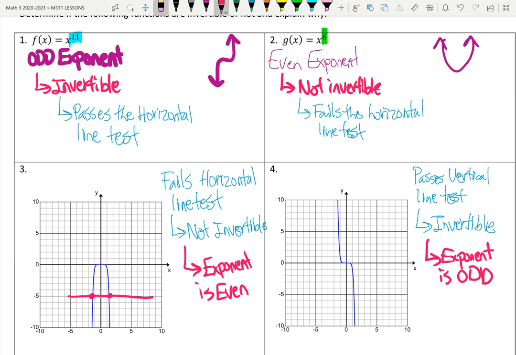Even though I'm not given the equation, I know that number 3 is going to look like something where it says x to an even power. Over here for number 4, without giving the equation, I know it's going to be x to an odd power. I am making this conclusion from the horizontal line test results.